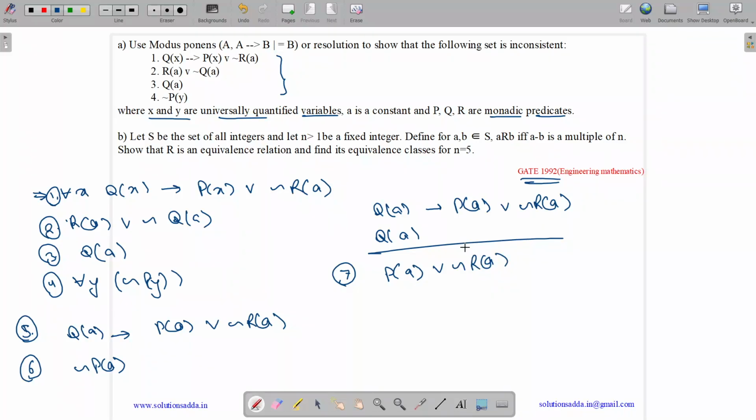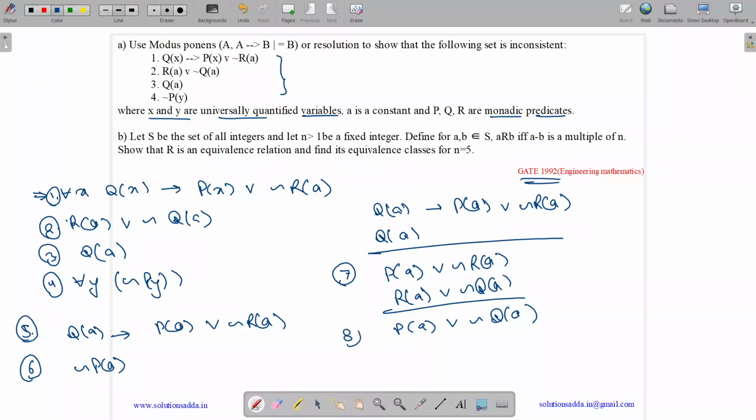Then we can use resolution on 7 and 2. What is 2? 2 is R(a) or negation Q(a). Using resolution, we have P(a) or negation R(a), and the second one is R(a) or negation Q(a). So we get P(a) or negation Q(a).